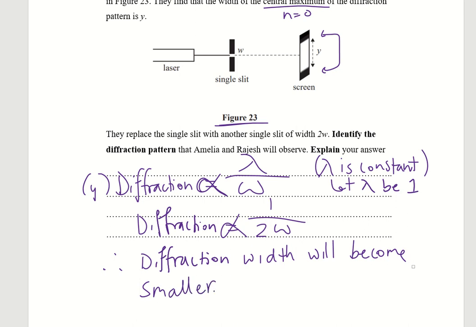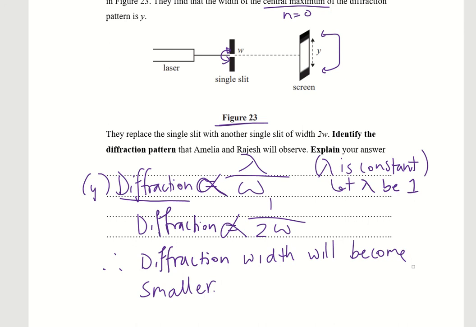Okay, because we know the proportionality between the two. If we were to increase the wavelength, then we'll increase the width of the diffraction. But because we have increased the width separating the slit, so the gap, the diffraction width will become narrower.